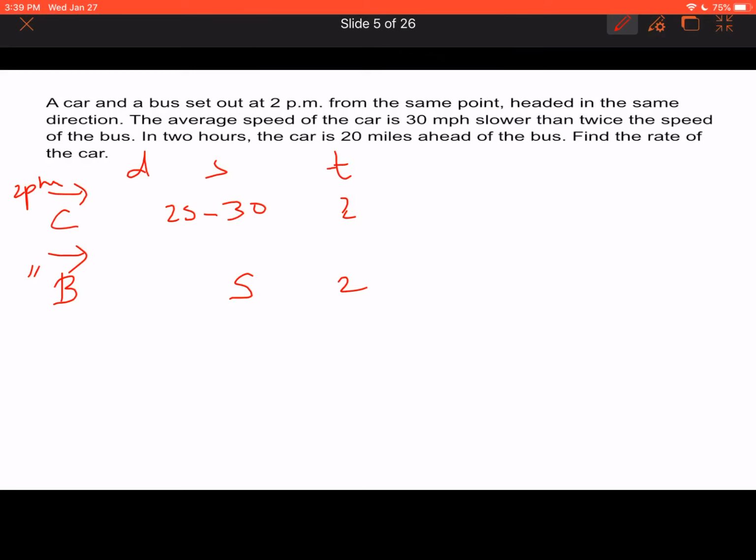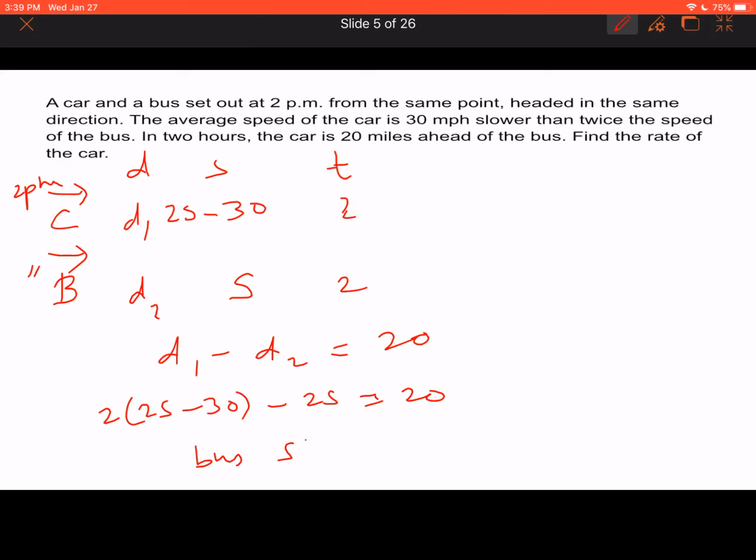The car being ahead means it's going faster, right? So we can write d1 minus d2 equals 20 miles ahead. So d1 is 2 times (2s minus 30), minus 2 times s, which is equal to 20. This gives the speed of the bus, which is 40.